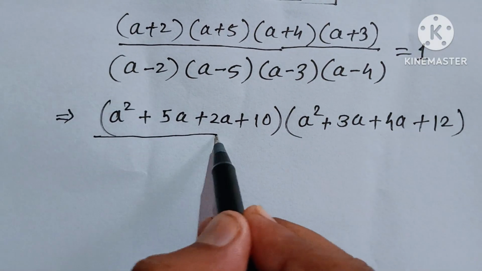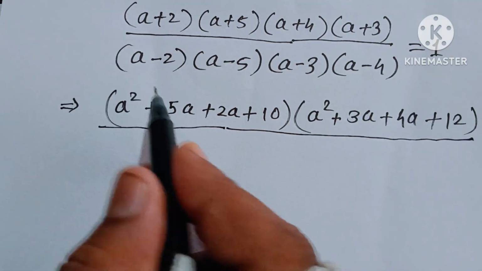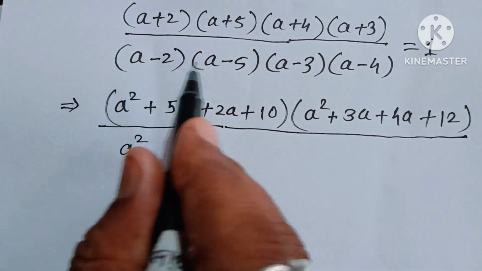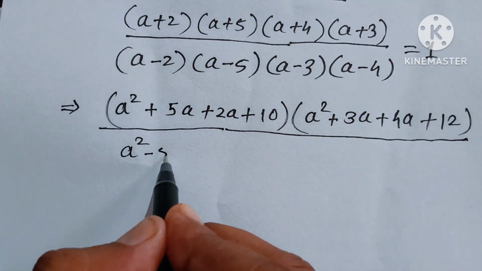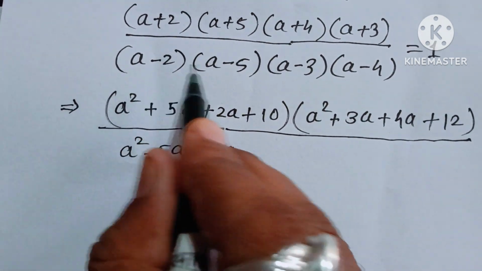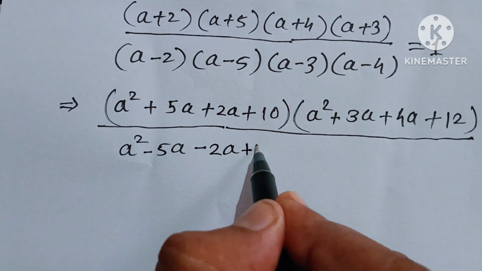Now divided by, here a multiply a square, a minus 5 means minus 5a, minus 2a, minus 2 into a, minus 2a, minus 2 multiply minus 5, that is plus 10.